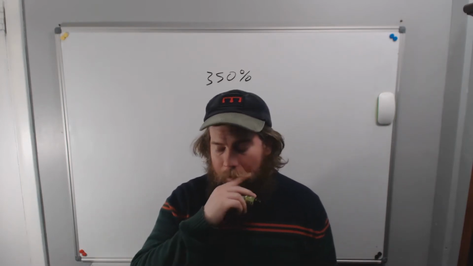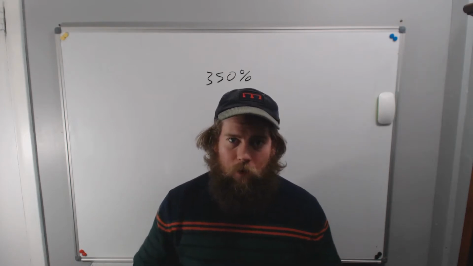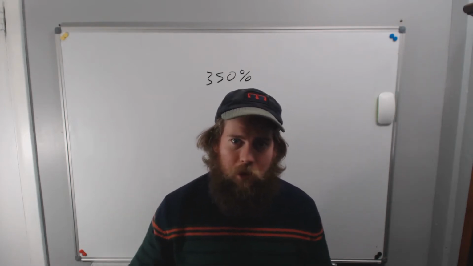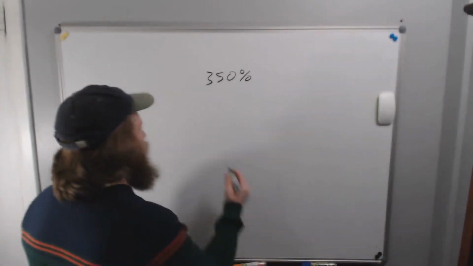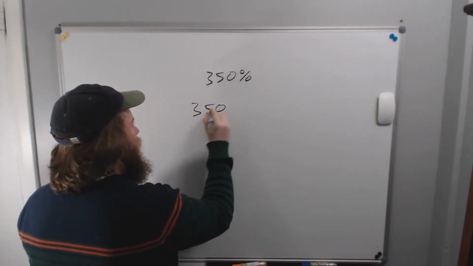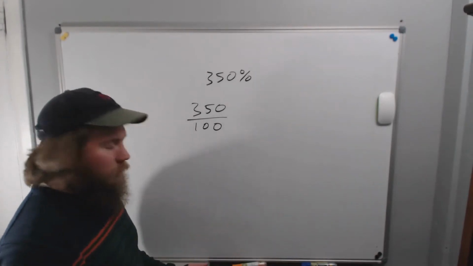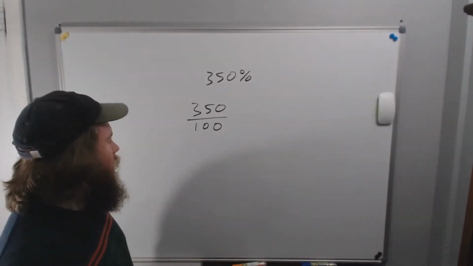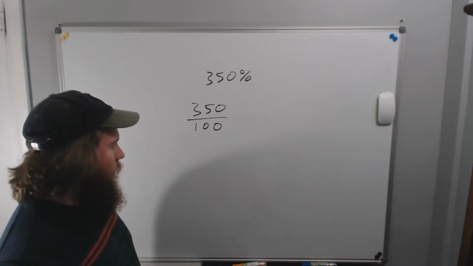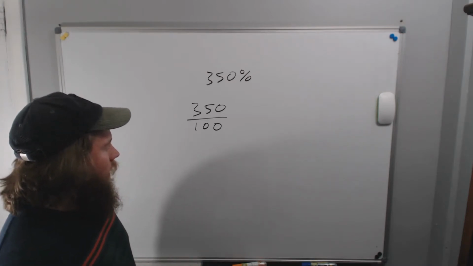Okay. So let's go ahead and just do the very first thing, right? 350% means 350 out of 100. So boom, we have a fraction, but alas, it is not in its reduced form. So we are going to have to do that.